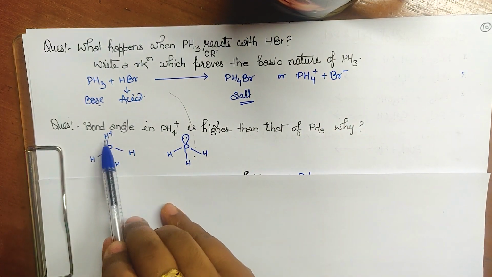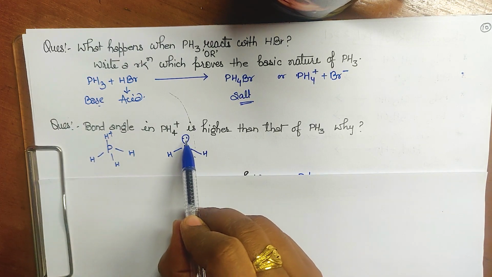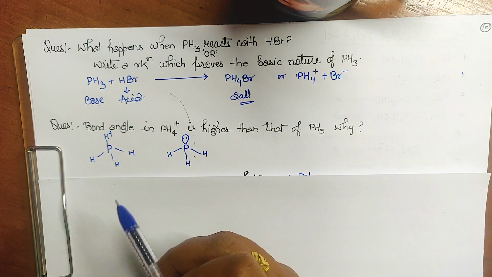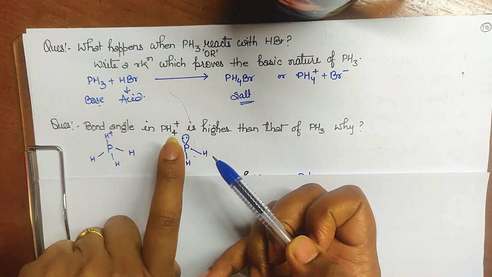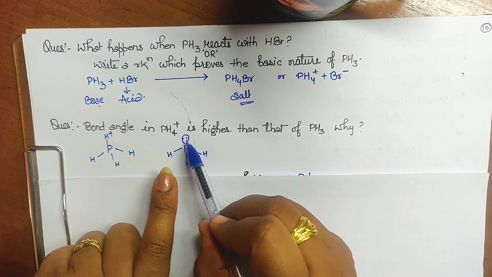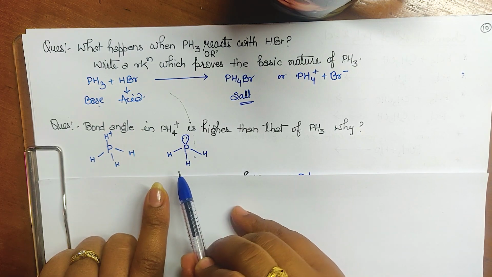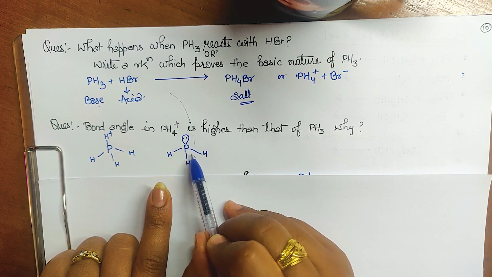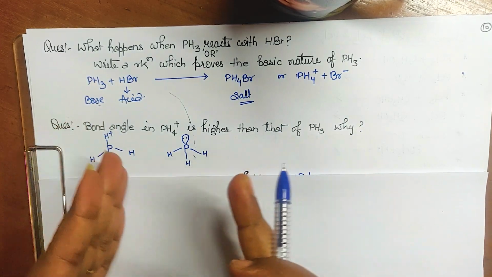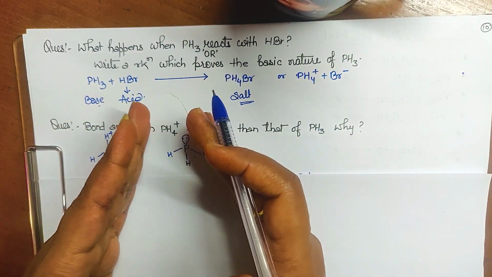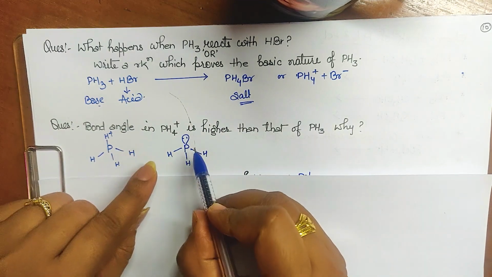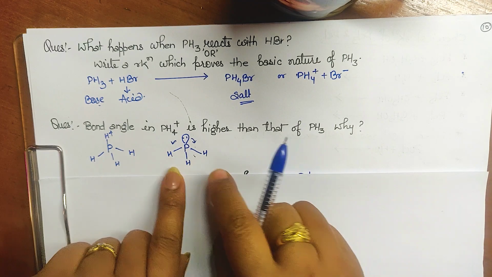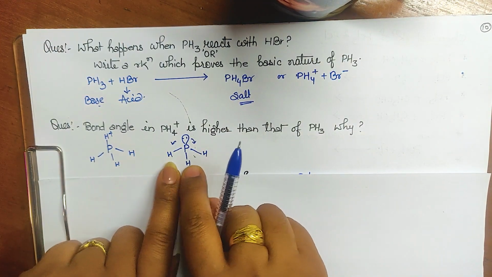There is a bond pair-bond pair repulsion and a lone pair-bond pair repulsion. In PH3 a lone pair is present, so due to the lone pair there is electronic repulsion between the lone pair and the bond pair. It will repel, due to which these two hydrogens will come closer to each other. Because there will be repulsion, this one will repel here, this one will repel here, and they will come closer. So its bond angle will be smaller.